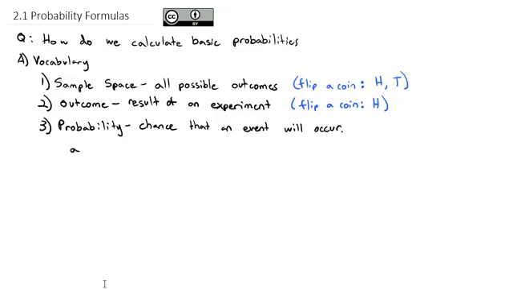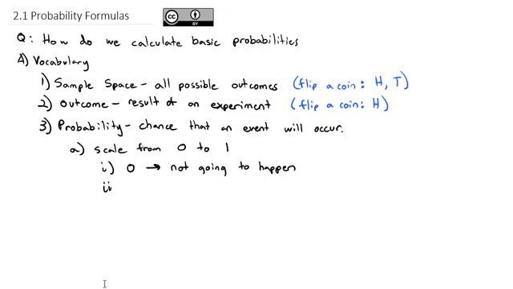And what we really end up with is a scale from 0 to 1, where 0 means the event certainly will not happen. Not going to happen. And then the number 1, the maximum probability, is it is certain to happen.